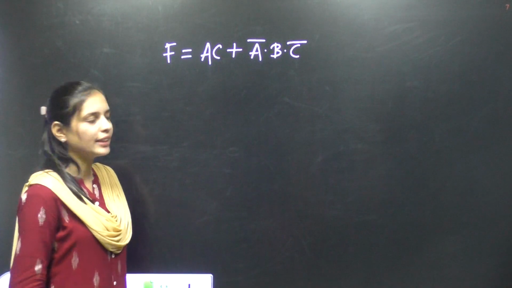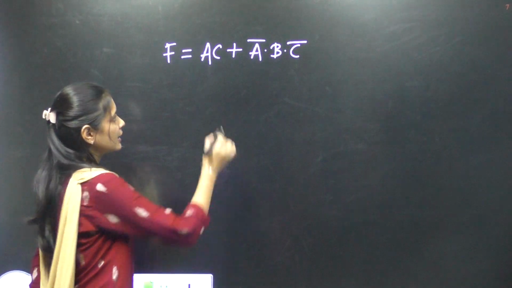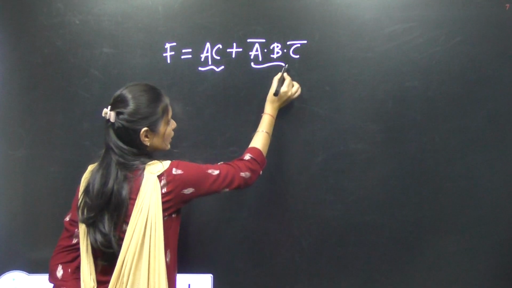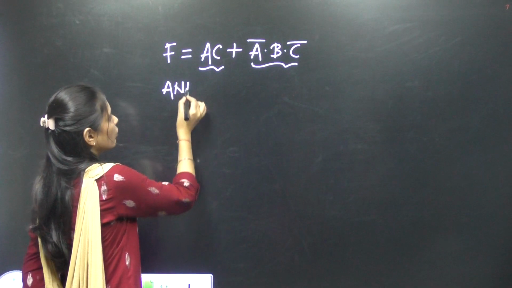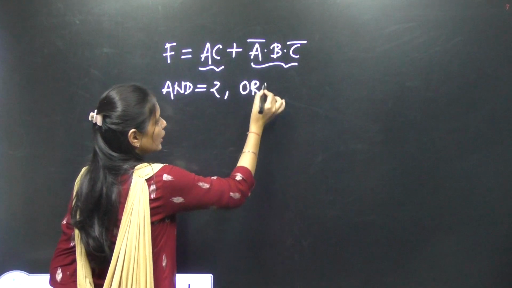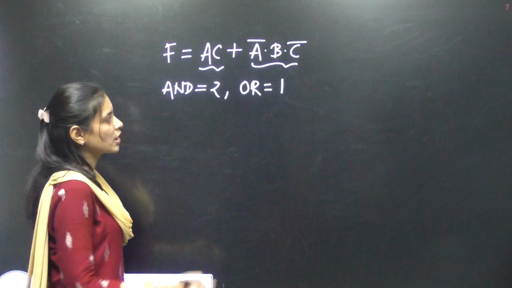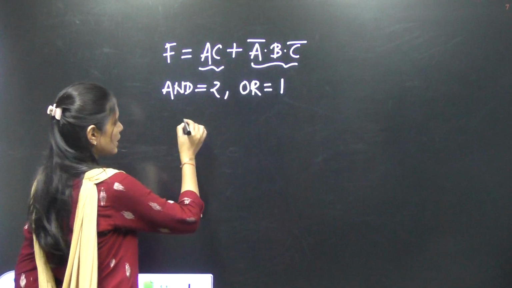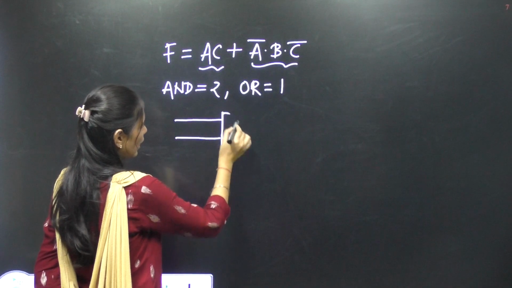As I have two product terms here, the number of AND gates I will use is 2, and the number of OR gates is 1. So I can represent this Boolean function in terms of logic gates by drawing this logic circuit diagram.